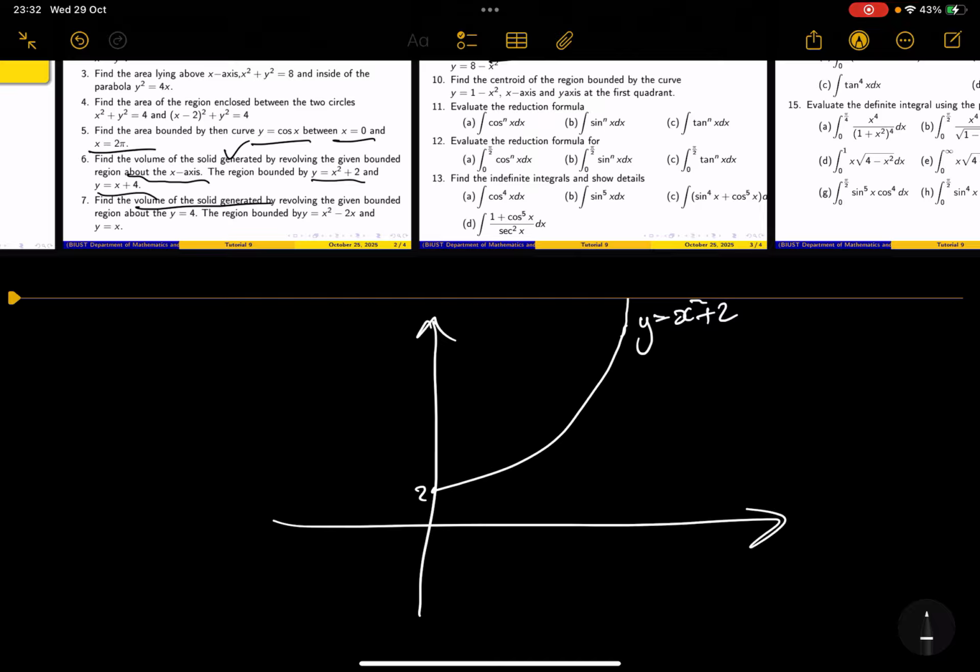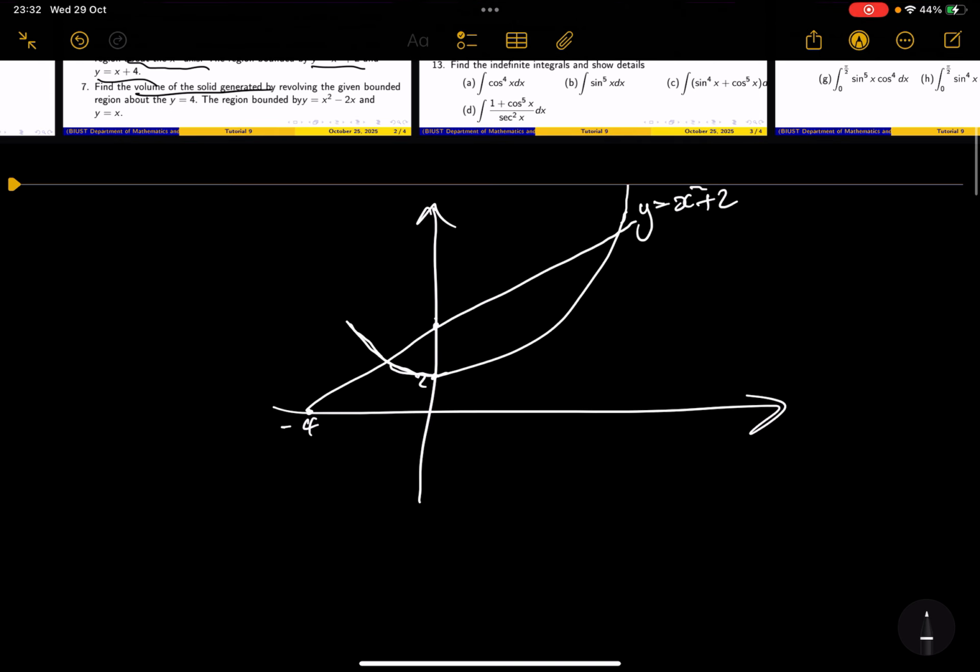So maybe 4 is here, and this is minus 4, this is positive 4. So we are going to have a line passing like this, right? This graph also goes like this, because it's a quadratic.